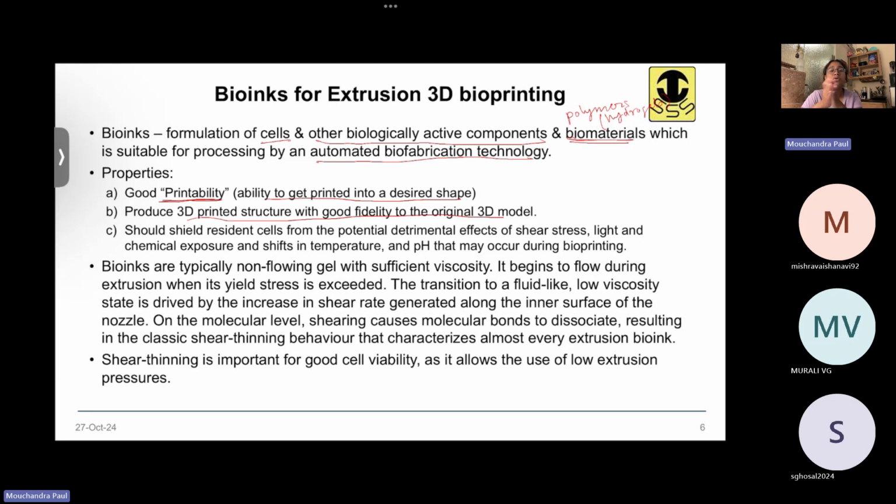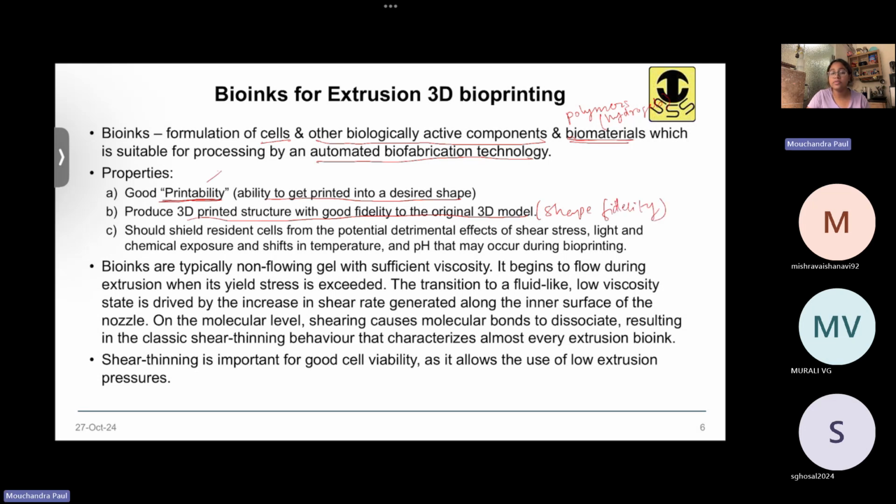It should match the original CAD model in height, length, breadth, everything. So that is one objective of printability. If you try to define the term printability, it's a very big term. And under it, there are small umbrellas, like fidelity, shape fidelity, it is called. That also comes.